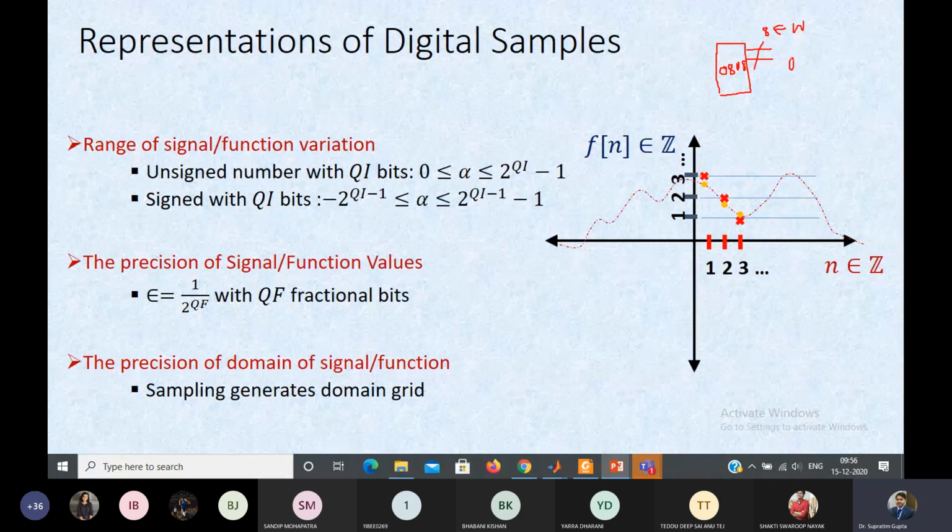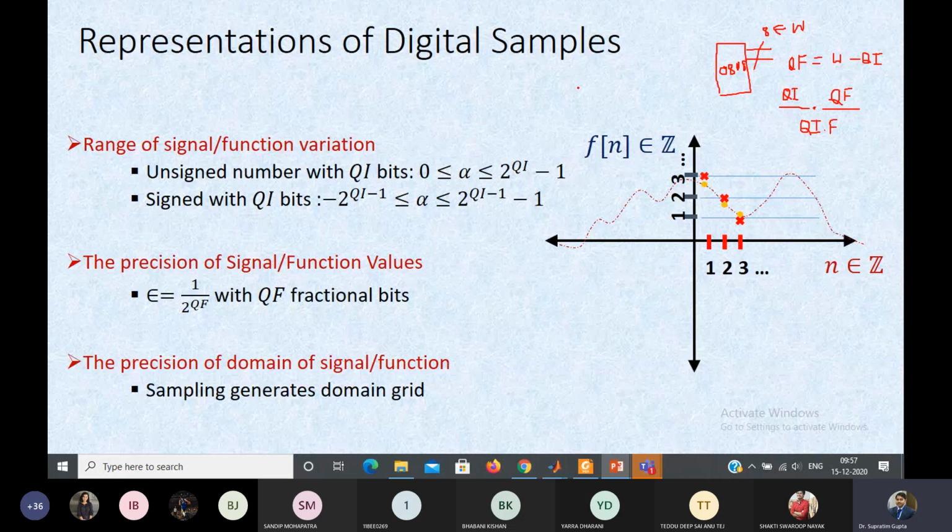Then we can easily find QF, the fractional field, which will be W minus QI. The terms I am using are integer field, then fractional field, and in between we have the point. So QI, then QF, and we denote this structure by the Q I dot F format.